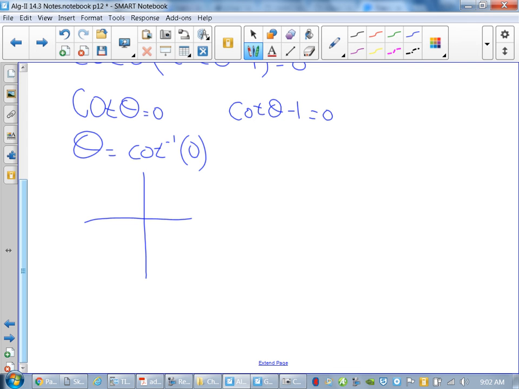So if you're on your quadrantals, here's 1, 0, 0, 1, negative 1, 0, and 0, negative 1. Cotangent is x over y, so where is x 0? Top and bottom. So we're at pi over 2, 3 pi over 2.